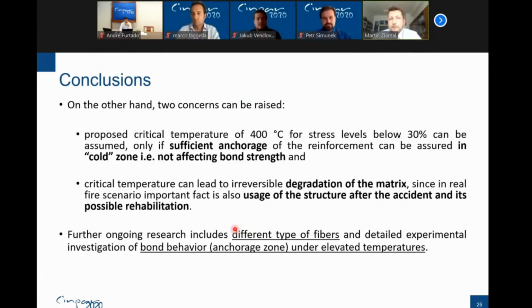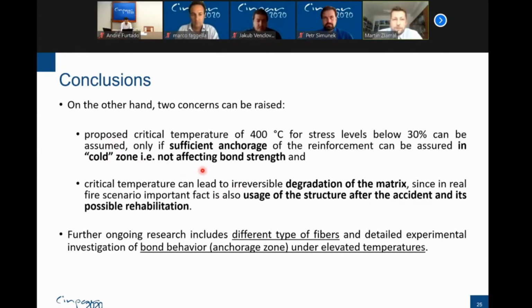The first problem is anchorage of the reinforcing bars. We may also suppose that the high temperature will have a negative effect on the behavior in the anchorage zone, because if the anchorage zone is calculated from a bond between the matrix and the concrete, and the matrix starts melting at temperatures from 200 to 300 degrees, then we must somehow anchor the reinforcing bars in a cold zone to prevent the failure in the anchorage zone.